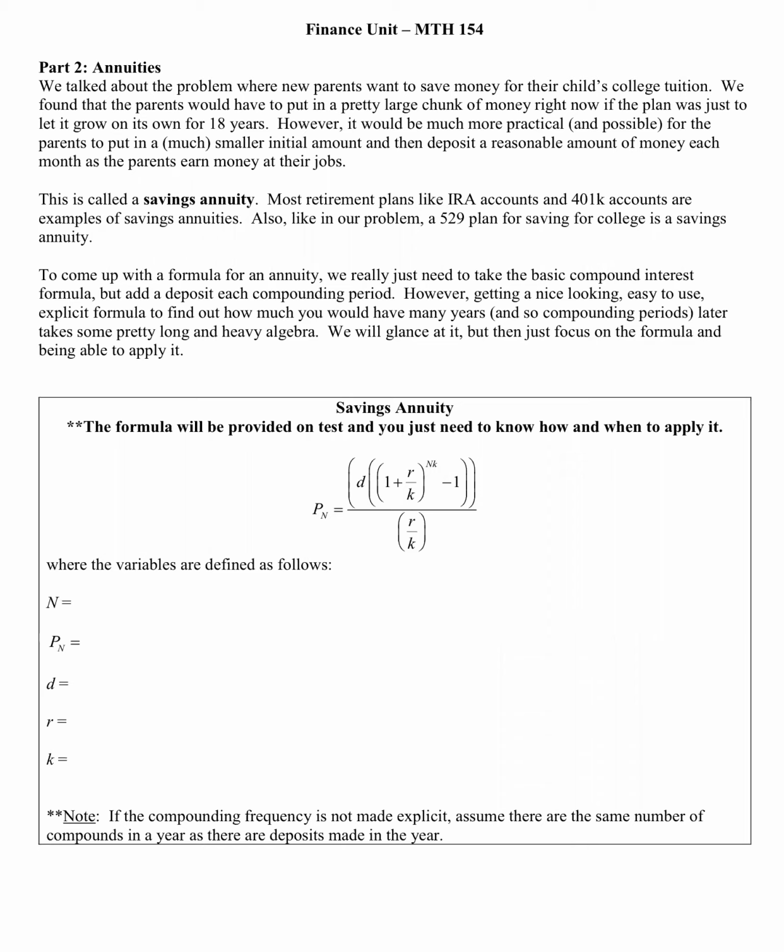So most of your retirement plans, IRA accounts, the 529s for college, those are all what we call savings annuities. So the idea behind them is you're trying to build up some large amount, but saving in equal increments over time. So to start, N is what it was before. It's still your time, and in this case, it's the number of years that you're saving.